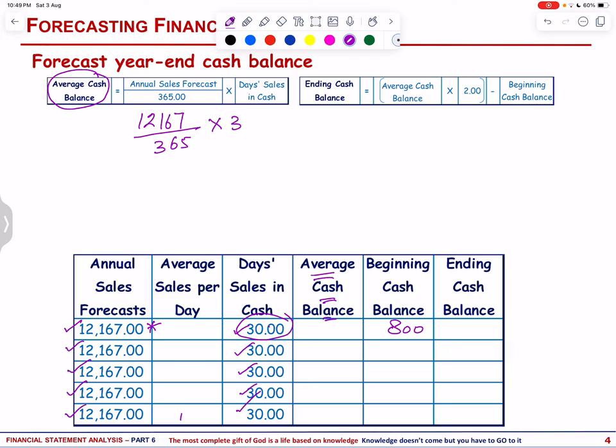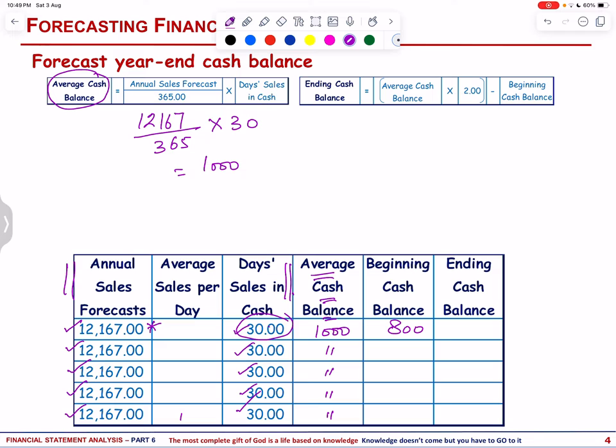So this will give us 1000. So the average cash balance for year number 1 is 1000, and this will remain the same for all the 5 years, as there is no change in the forecasted annual sales or in the days sales in cash.